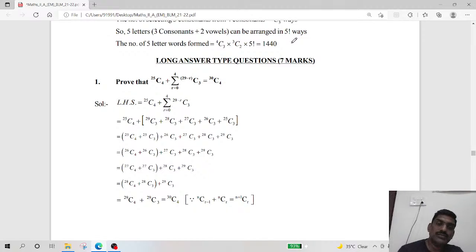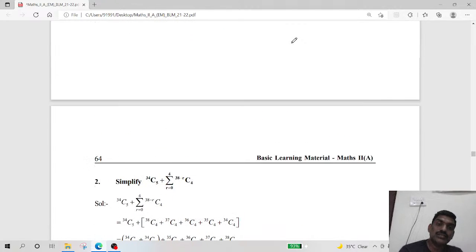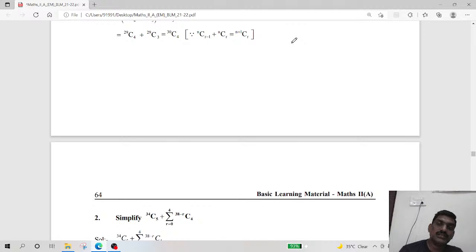Take the LHS: 25C4, and here r equals 0 gives 29C3, then r equals 1 gives 28C3, then 27, 26, and the last one is 25C3. So 25C4 and 25C3 is nothing but 26C4, plus 26C3 is 27C4, plus 27C3 is 28C4, plus 28C3 is 29C4, plus 29C3 is 30C4. Because we use this formula: nC(r minus 1) plus nCr is equal to (n plus 1)Cr.